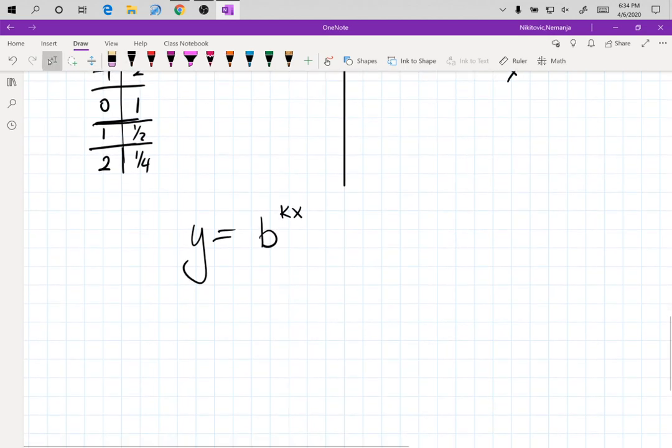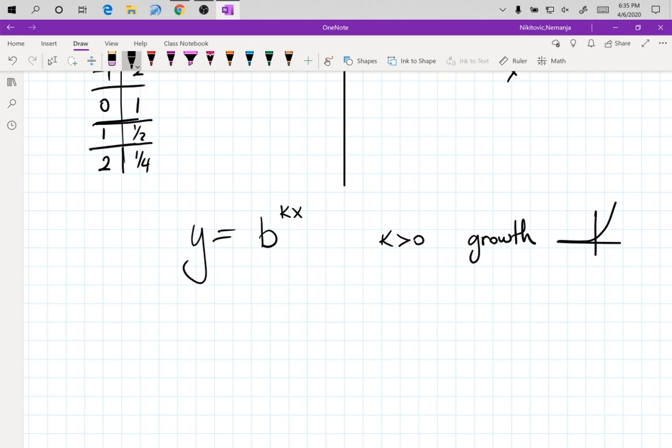And I love this kx because when k is larger than 0, we have growth, and that's the graphs that grow quickly. And when k is less than 0, we have decay, and that's going to be our going to 0 situation on the graph, right? So those are the values.